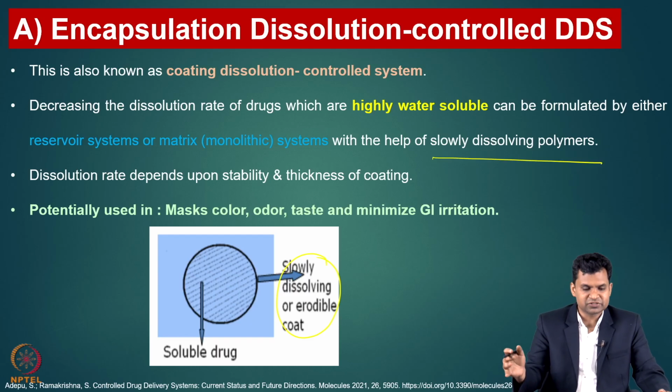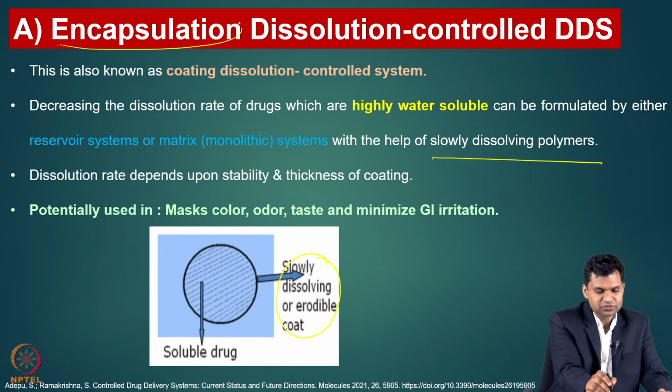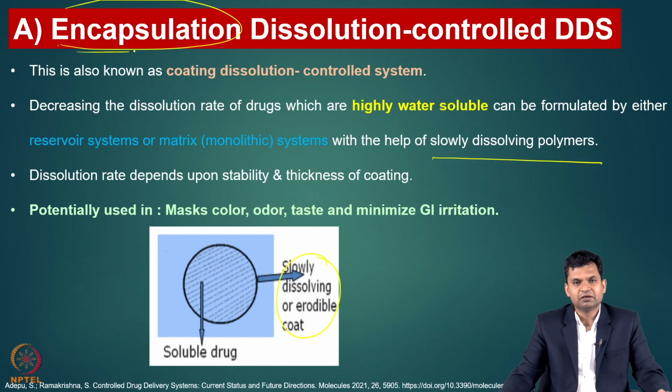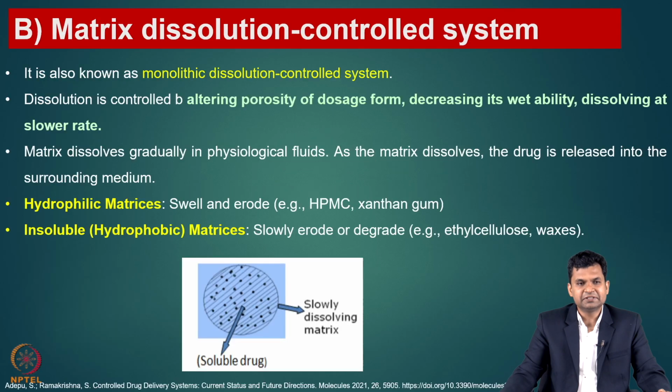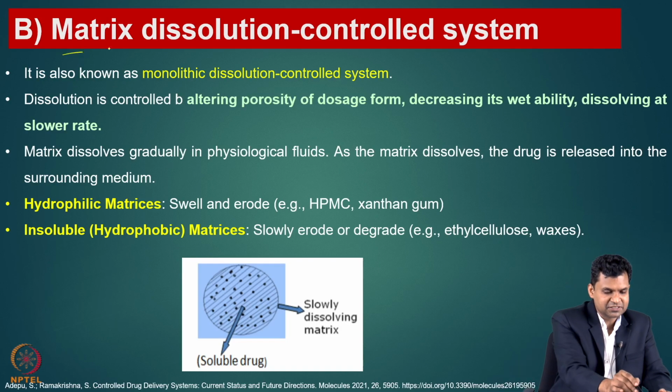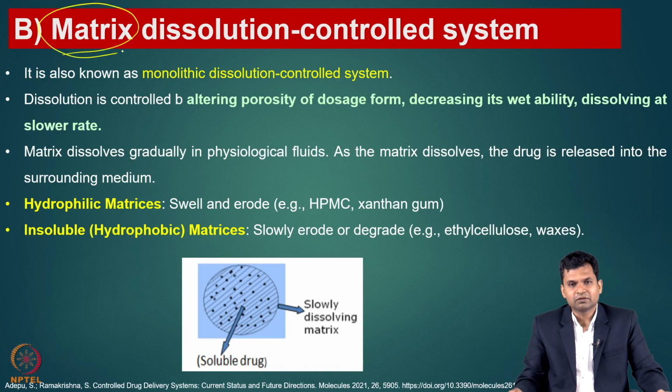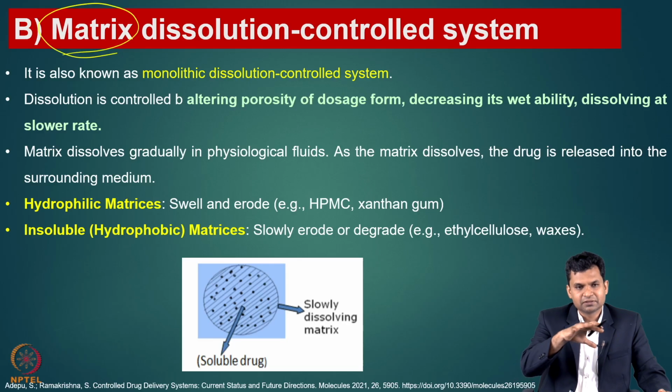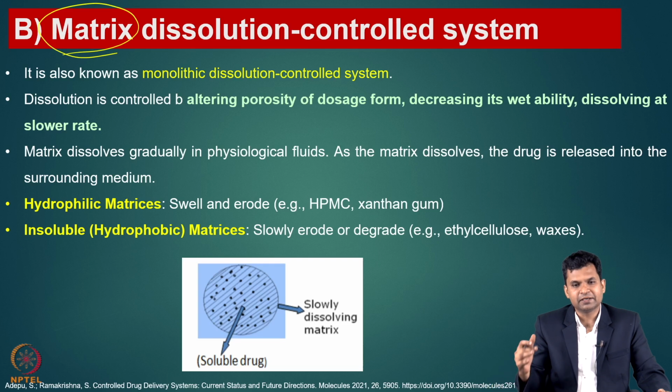And we have seen the two mechanisms: the reservoir system, that is the encapsulation system, and then the matrix systems, where the drug is embedded or dispersed in the polymer as in a matrix, and control release is possible with the matrix systems.